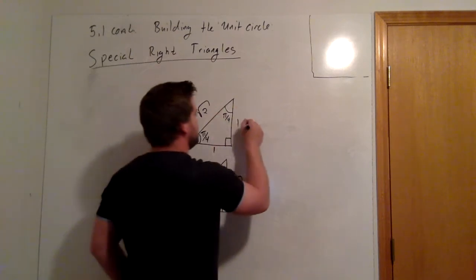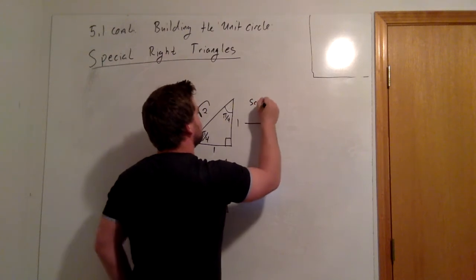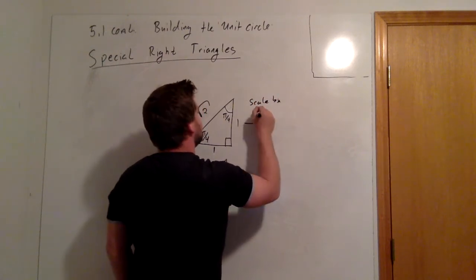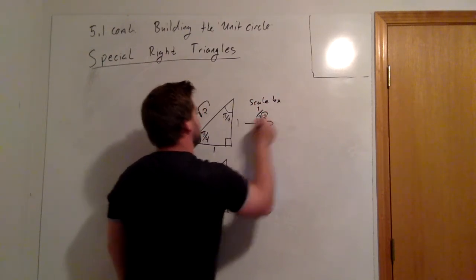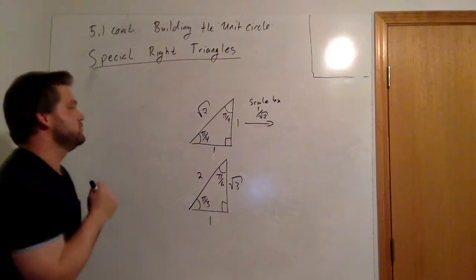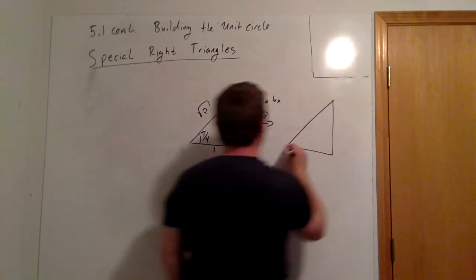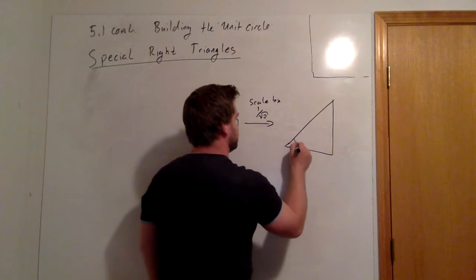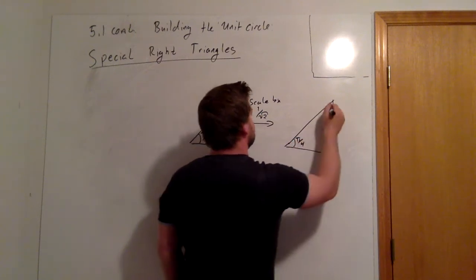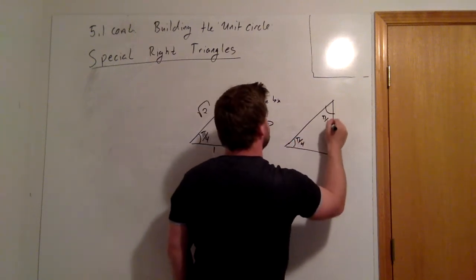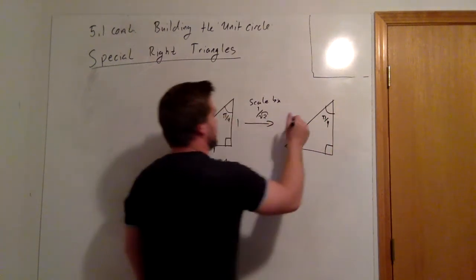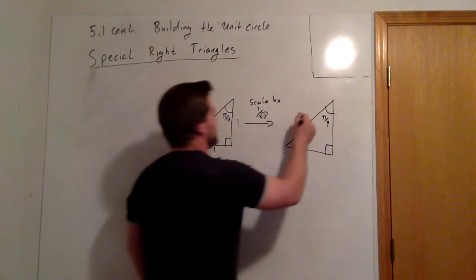So what we're going to do here is scale by 1 over root 2. So I'm going to divide each one of the sides by root 2. And if we do that, we'll get this triangle right here. The angles will be preserved. And this will now be root 2 divided by root 2, so I'll get a 1.